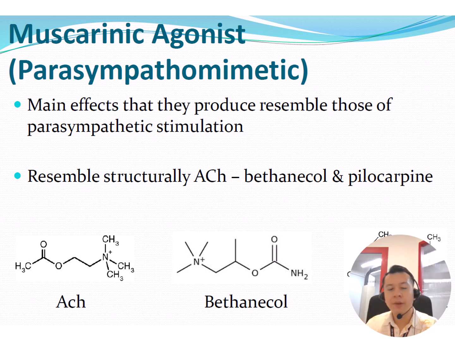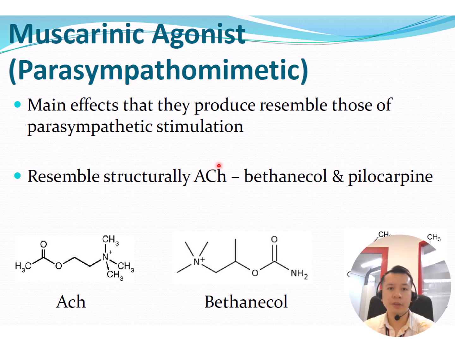So these compounds produce similar effects to when the parasympathetic system is naturally activated. For example, parasympathetic stimulation slows the heart, stimulates digestion, or increases glandular secretion. If you still remember, the parasympathetic system is meant for rest and digest function.